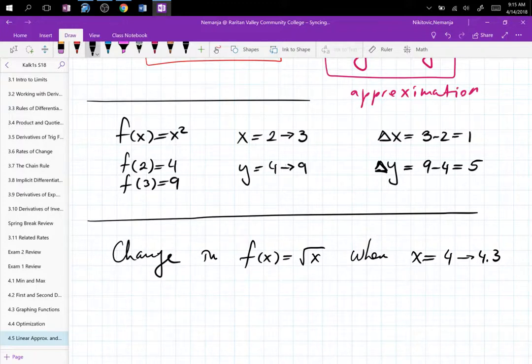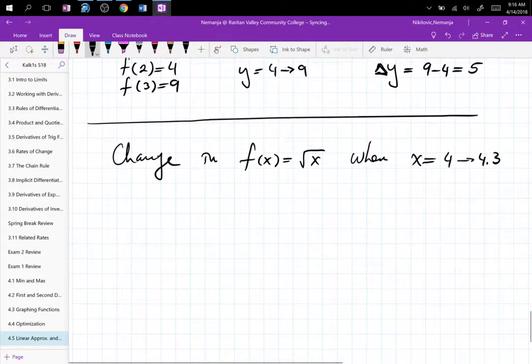So you are not computing the square root of 4. You are not computing the square root of 4.3. You don't care about those y values at all. What you care about is the difference of those two y values. Because it's like cause and effect, right? A little change in the input causes some change in the output, and you only want to know the change in the output.